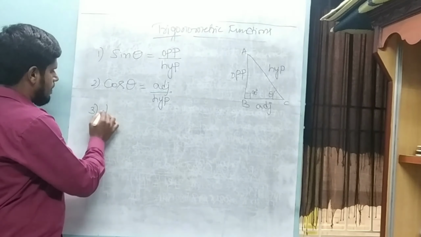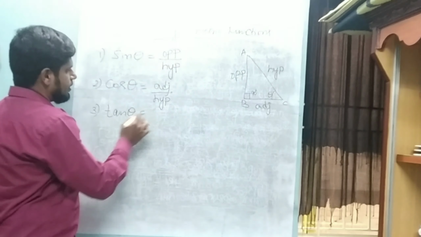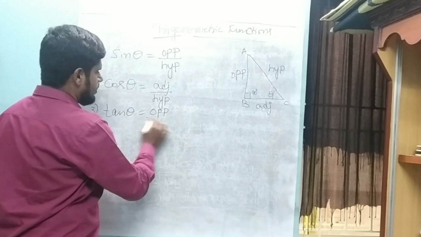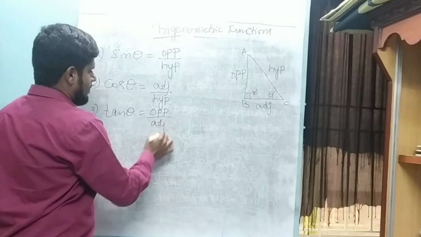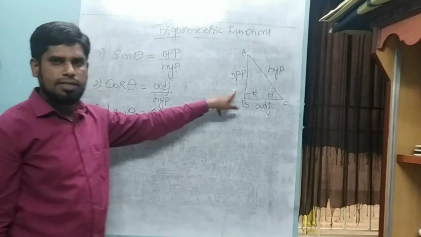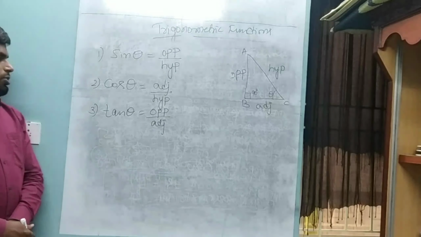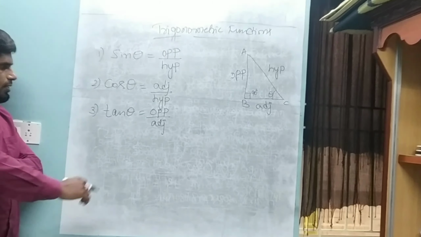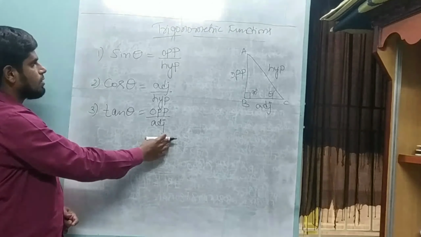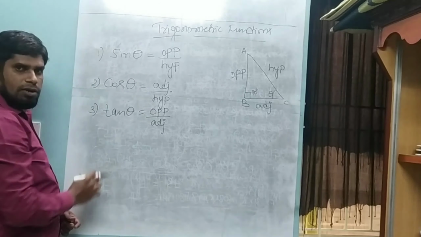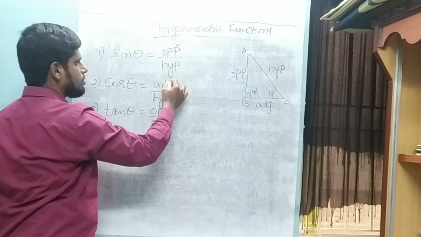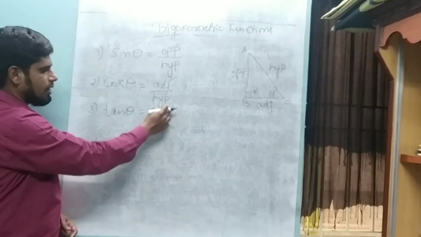Third definition, tan theta. Tan theta definition is opposite side divided by adjacent side, that means perpendicular by base. Here if we compare this, opposite side by adjacent side, we can say that it is sine theta divided by cos theta, because if I divide these two ratios, the hypotenuse and hypotenuse get cancelled and I get opposite side by adjacent side.